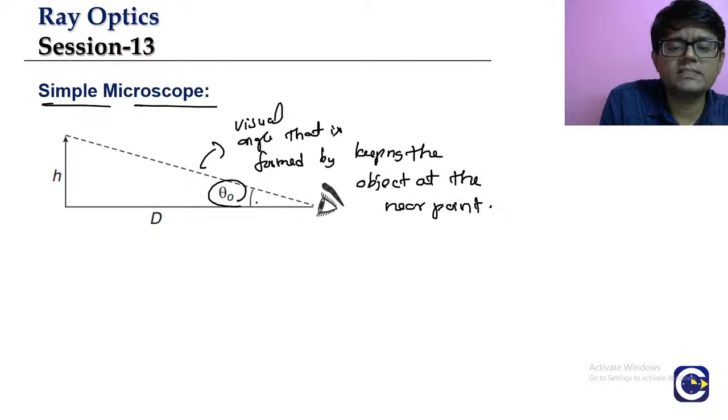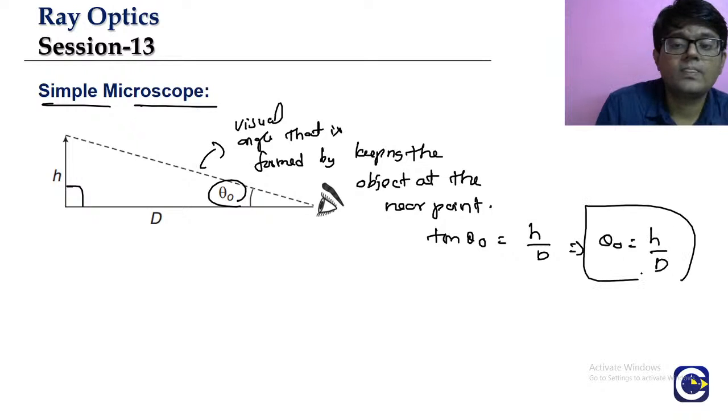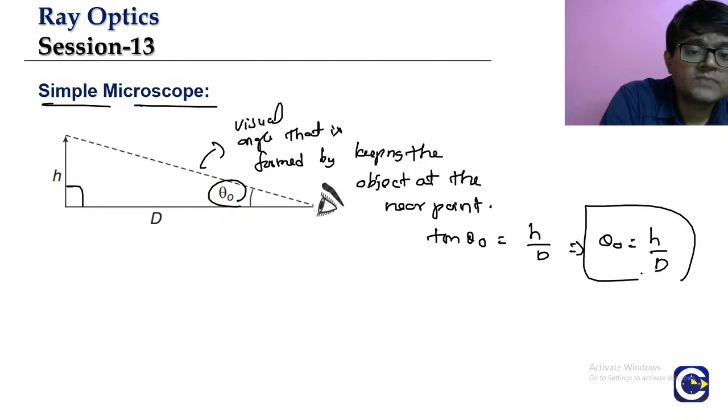As we already saw in this right angle triangle, tan theta naught is equal to h by d. Since we consider the angle to be small, tan theta can be approximated to theta. So this is our theta naught.